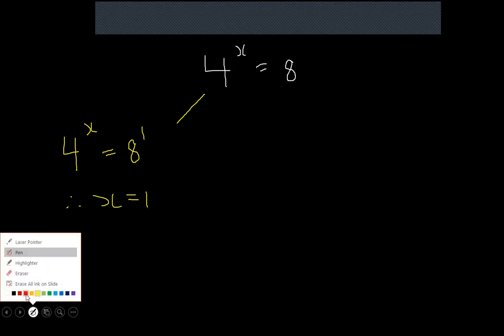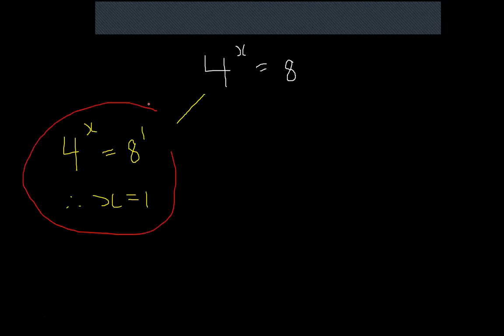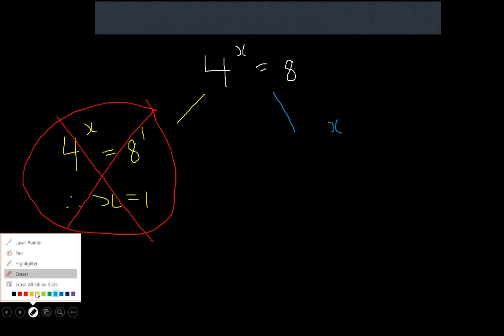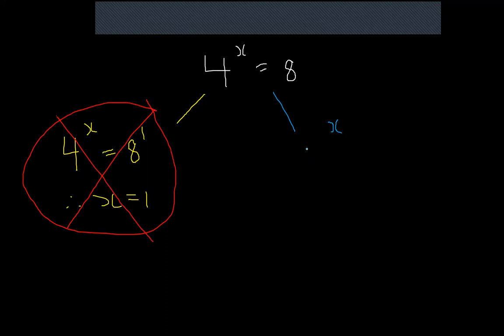This is incorrect. No, no, no. You will get it wrong. This is the correct thing now. Get the same base. So 4 to the power of x. Actually, no. 4 could be written as 2 squared.